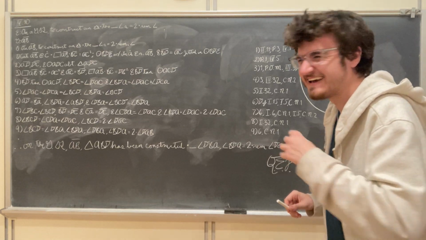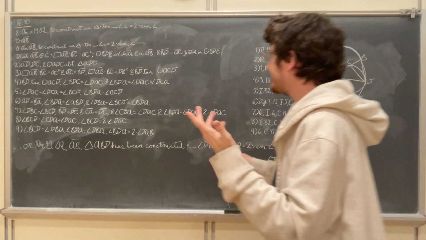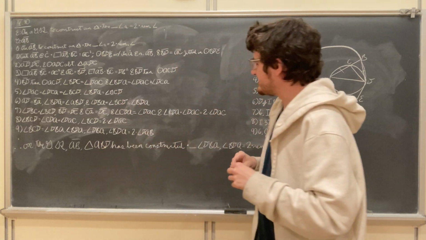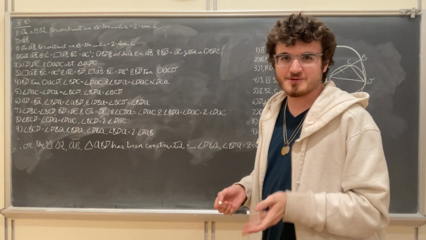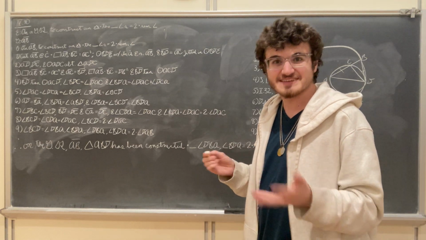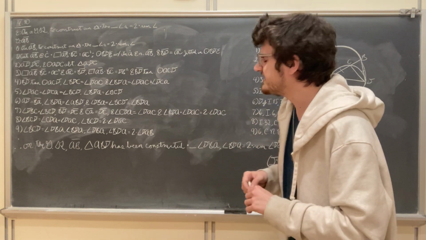Scared me. So yeah, we have this rectangle AB times BC equal to the square on DB, which then means by proposition 337, it's a fairly long proposition.